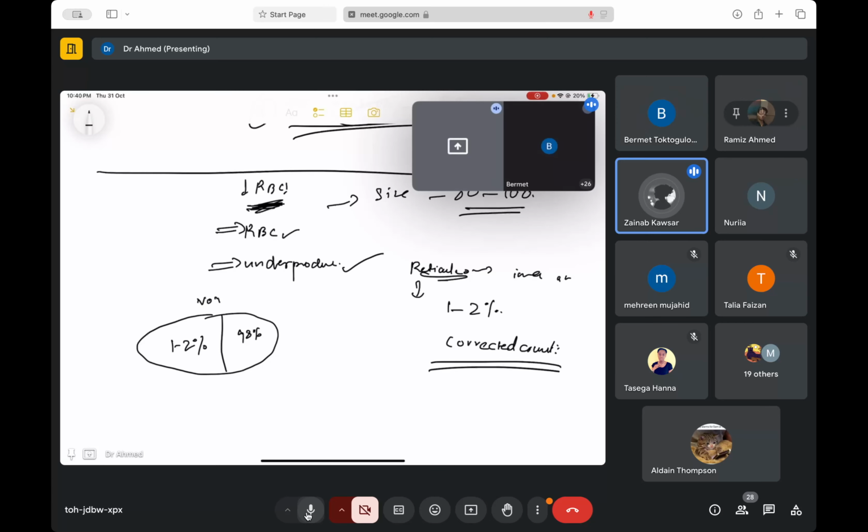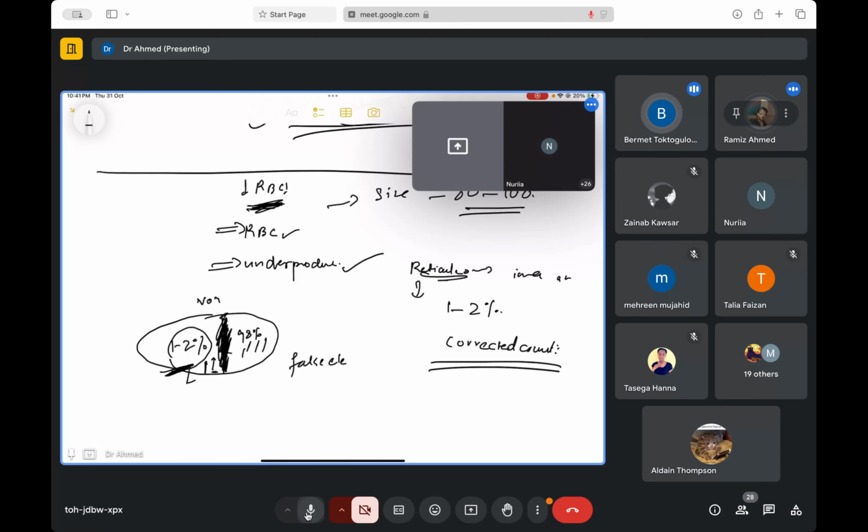You can have two situations. If I'm decreasing these normal erythrocytes, ultimately the percentage of these 1 to 2% is going to be increased. It's going to take more space in this volume. So this is basically a kind of false elevation, right?